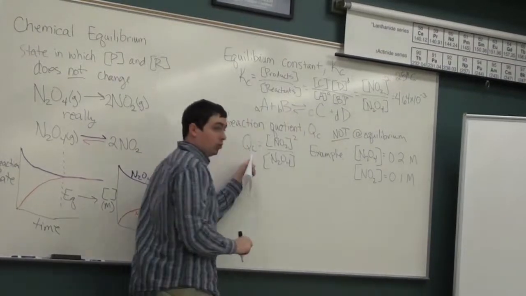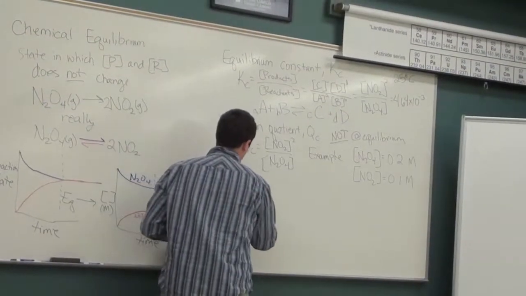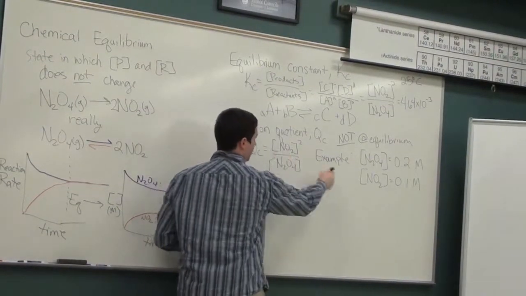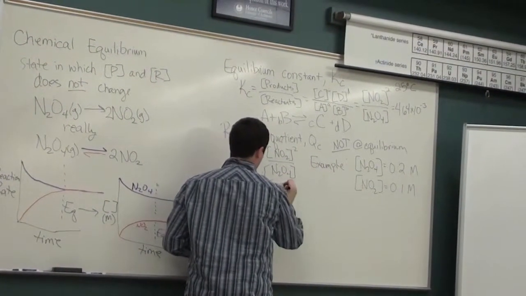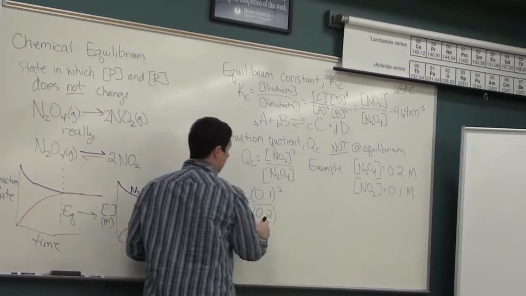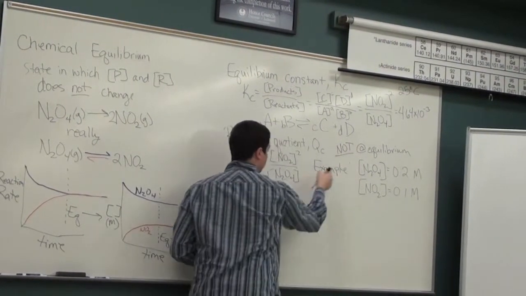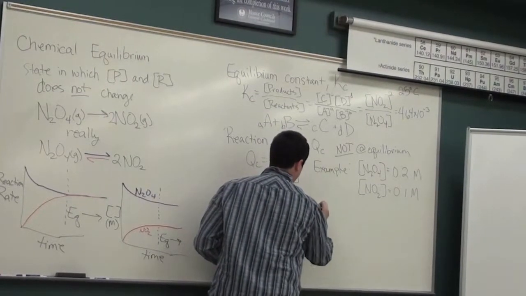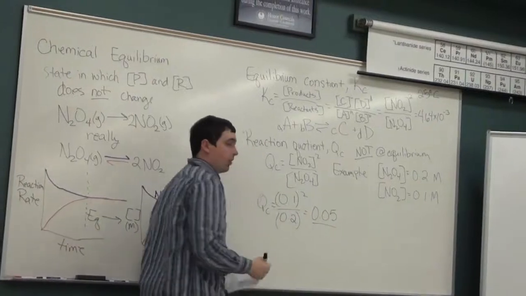If we calculate our reaction quotient, Qc is equal to 0.1, the concentration of NO2, squared, over 0.2, our concentration of N2O4. If we calculate that, we get 0.05. And what can we do with that number?